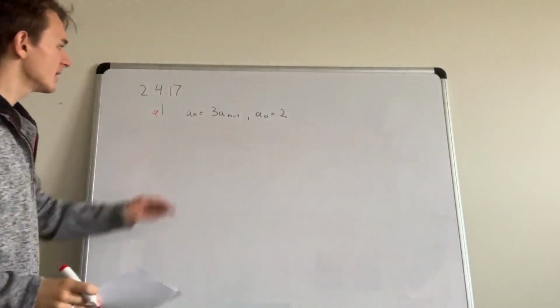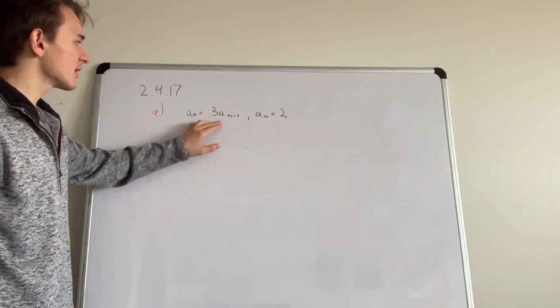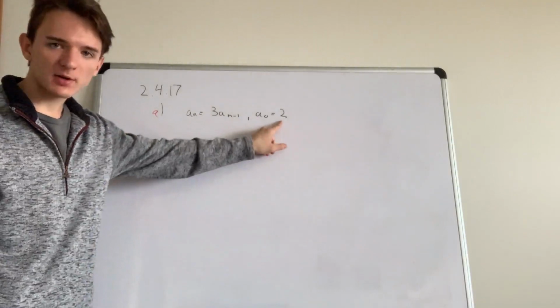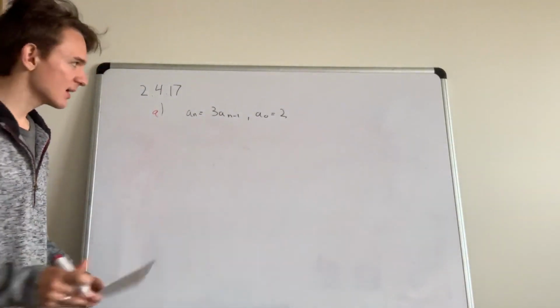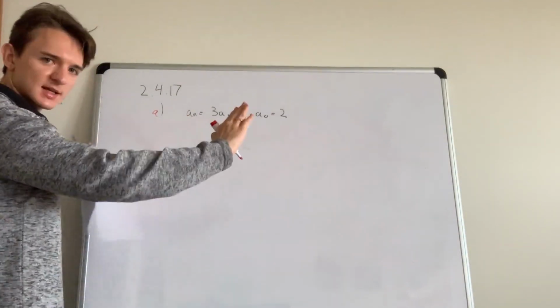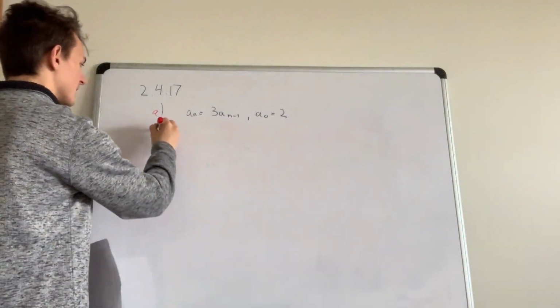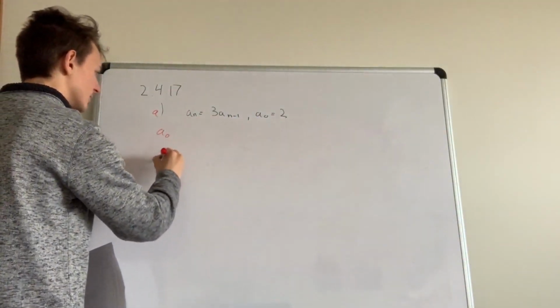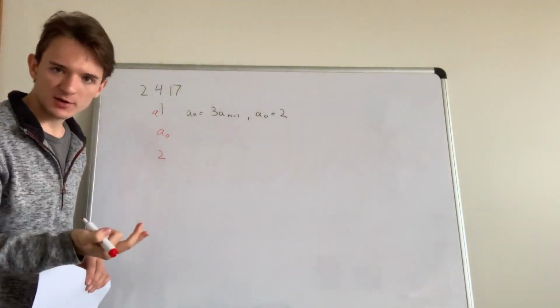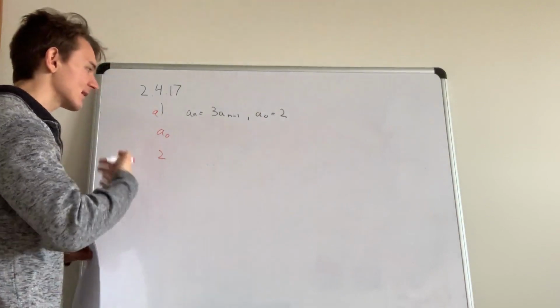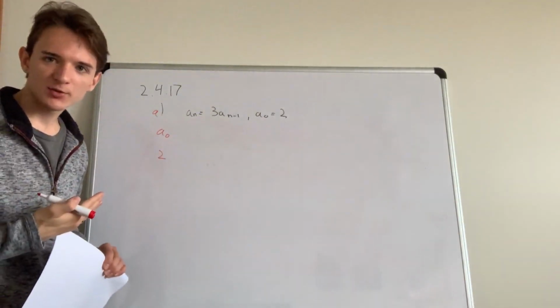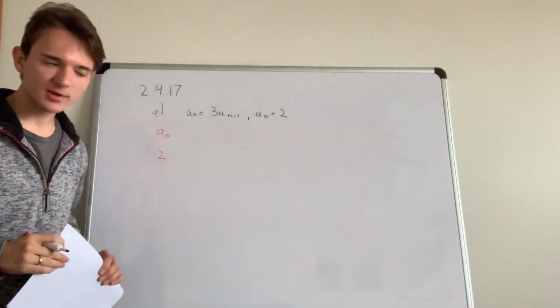A of n is equal to 3 times A of n minus 1. Our initial condition is given as 2. So kind of going from that initial example, we have an initial condition on our sequence timeline. A of 0 is 2, and we are given A of n already. We want to work backwards to try to get to where we can use A of 0 to solve for our recursion relation.